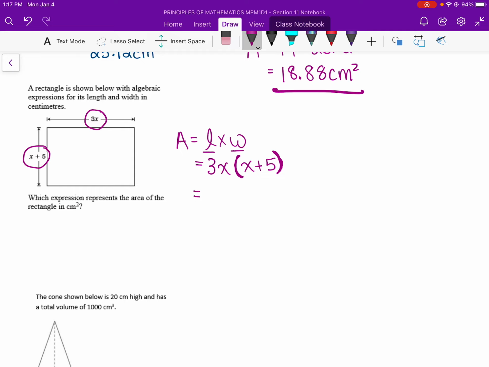And then this is just a reminder of our expanding and simplifying stuff in the algebra unit. So remember how we multiply everything in the brackets by 3x? If we wanted to expand this, 3x times x would be 3x squared, and 3x times positive 5 would be positive 15x.